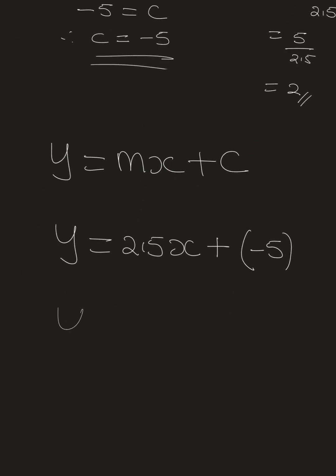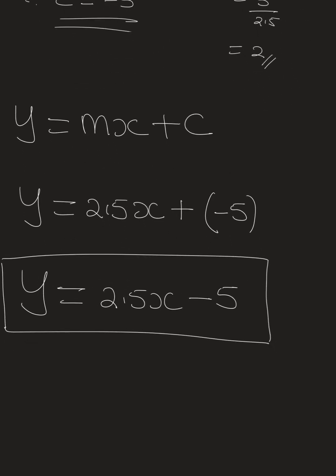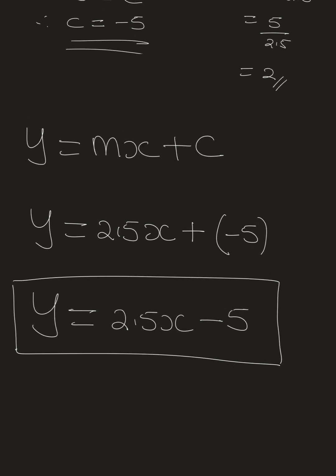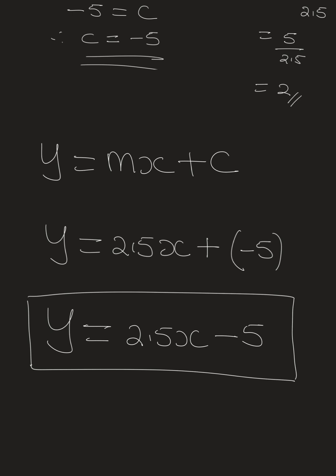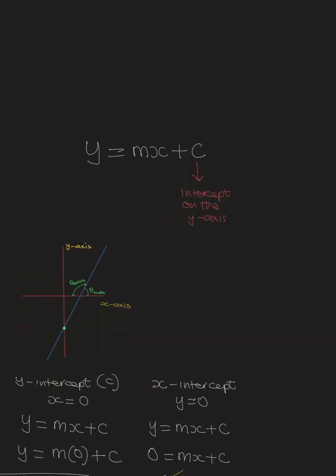Which means the equation will be y is equal to 2.5x minus 5. Okay, so this equation is the equation that is associated with this linear graph. So you can prove by substituting any value for x and see whether you'll have that corresponding value on the y-axis. Moving on to the last question.